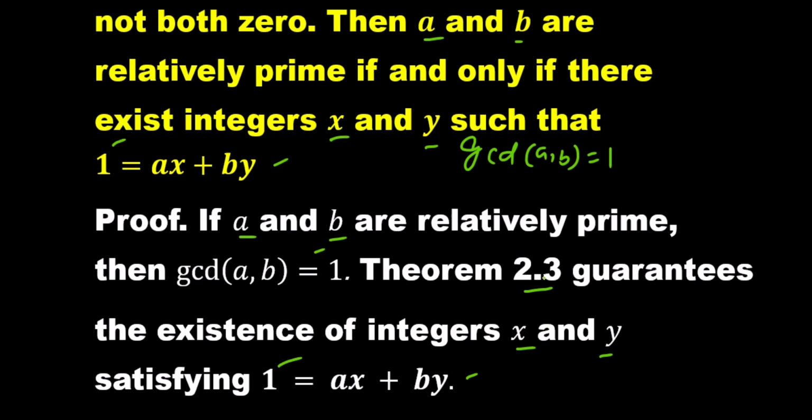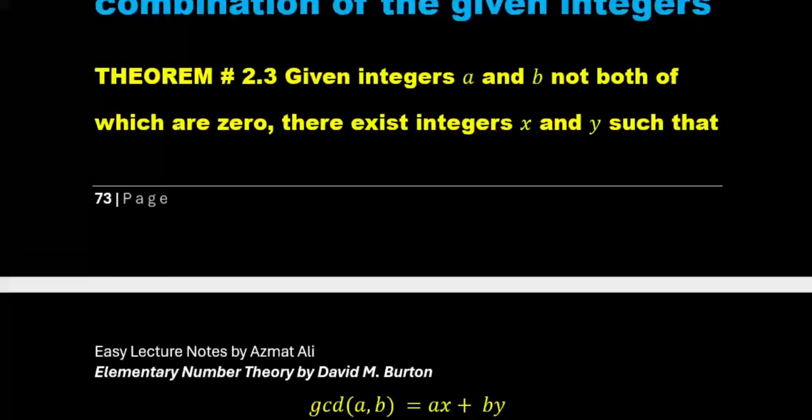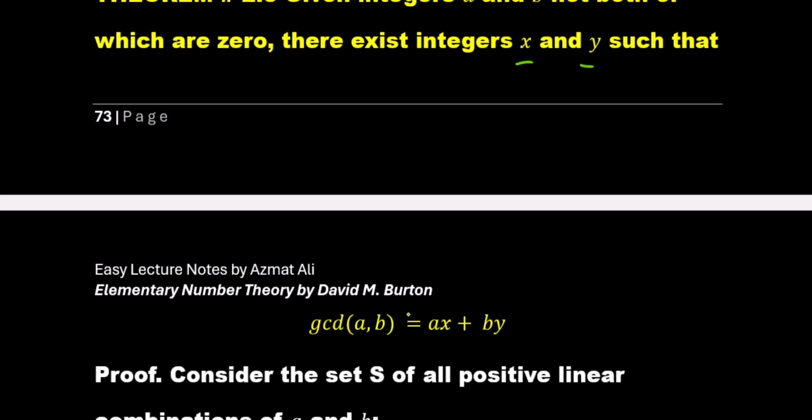What was Theorem 2.3? This was Theorem 2.3: given integers a and b, not both 0, there exist integers x and y such that you can express the GCD as the linear combination ax plus by.